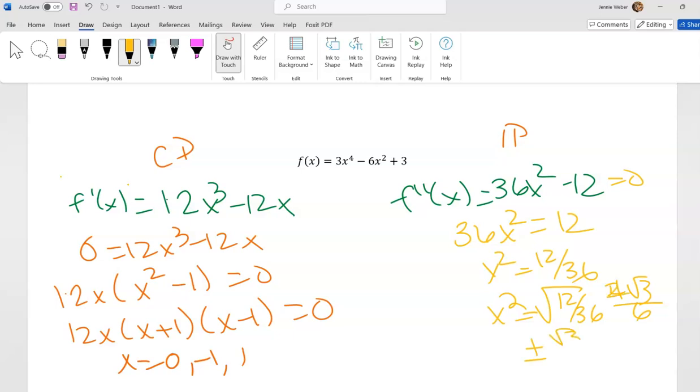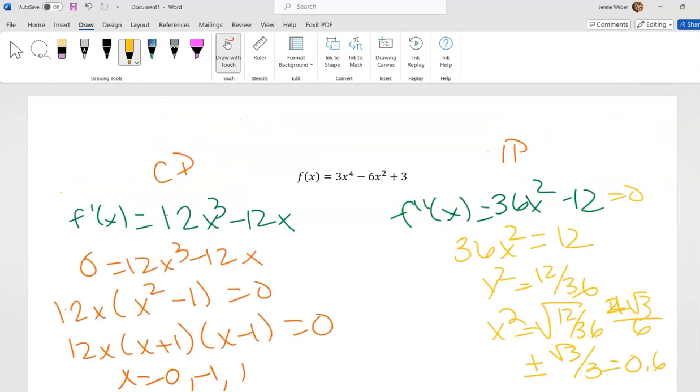So it is plus or minus the square root of 3 over 3, which is approximately 0.578. The reason I know that without putting it into my calculator is because this is trig. You should recognize that square root of 3 over 3, so I know the decimal version of it.